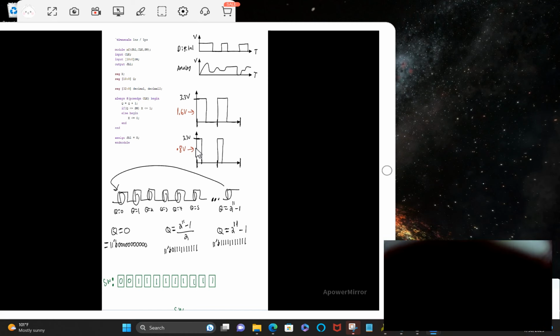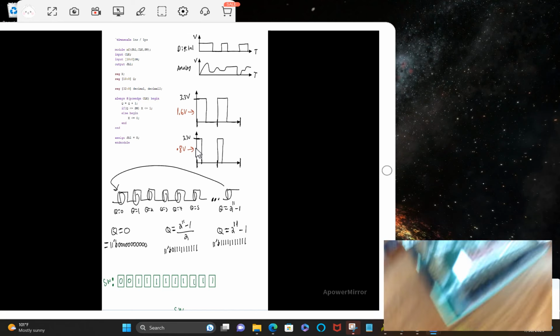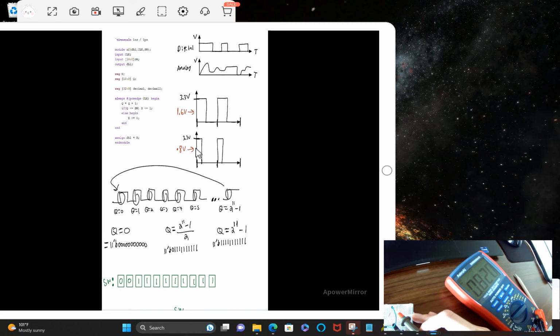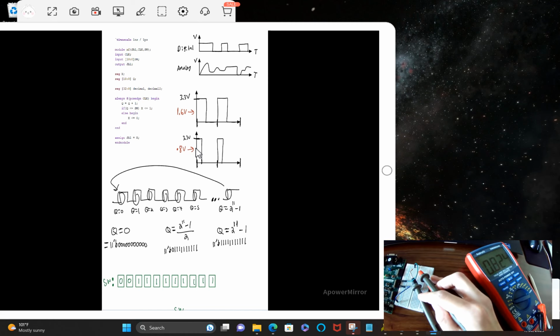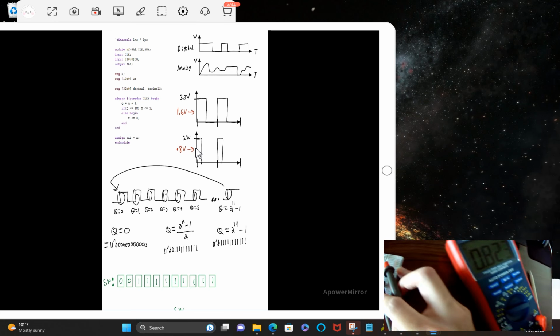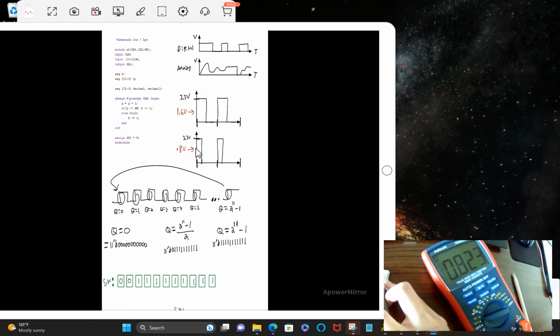Let me just use my hands, both hands, to measure it. So yeah, it's about 0.8.